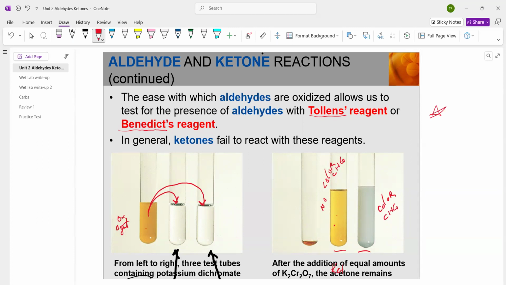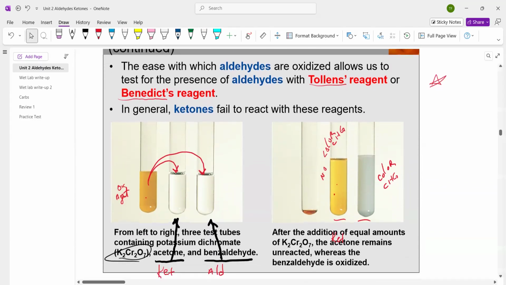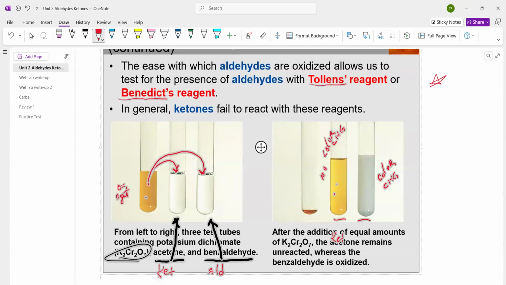So this is an oxidation agent here, which is potassium dichromate. And in these test tubes, we have a ketone in the middle, acetone, and an aldehyde on the right here, benzaldehyde.